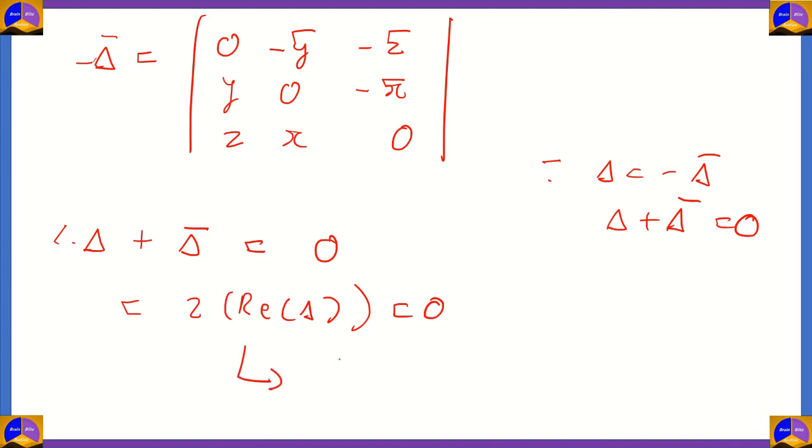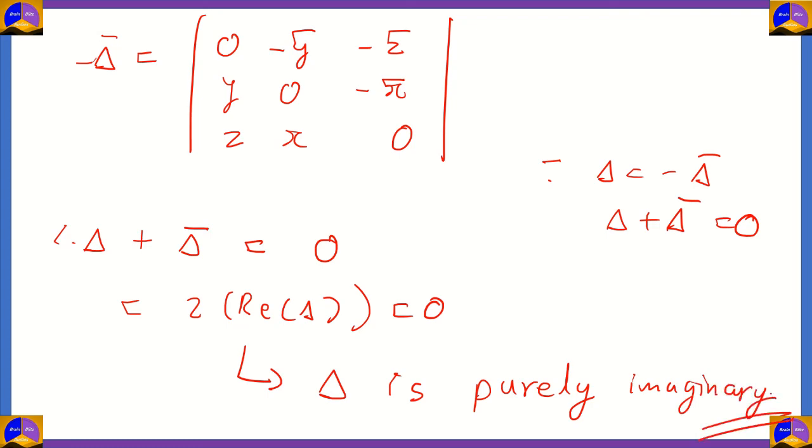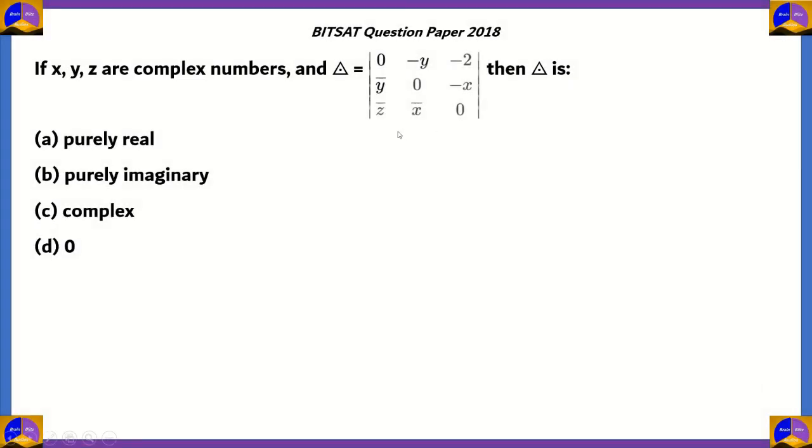So when the real value of delta is 0, then delta is purely imaginary. So therefore, in the following question, the correct answer is option B, purely imaginary, because we know that the real part of delta is 0.